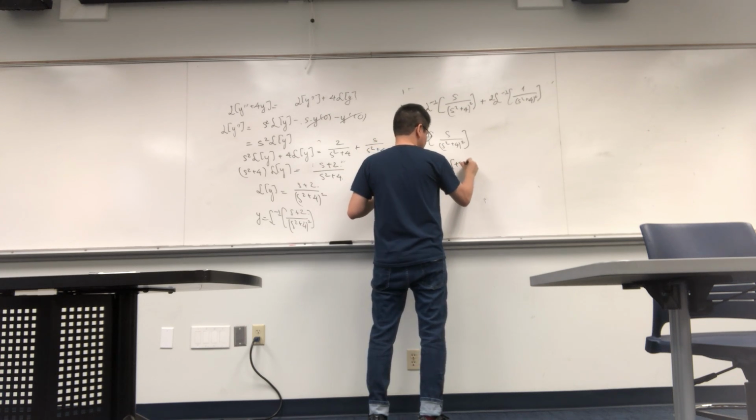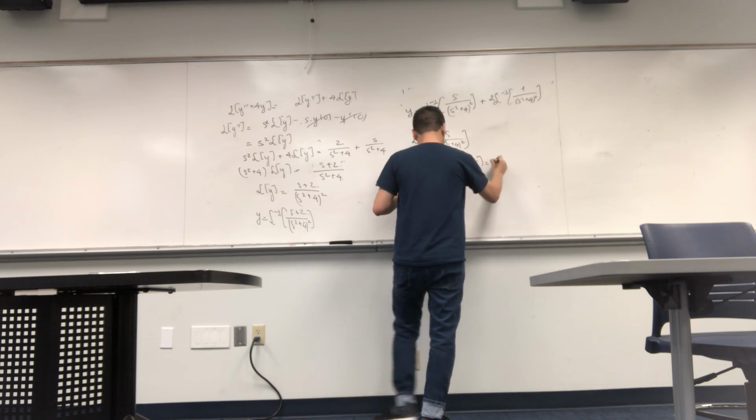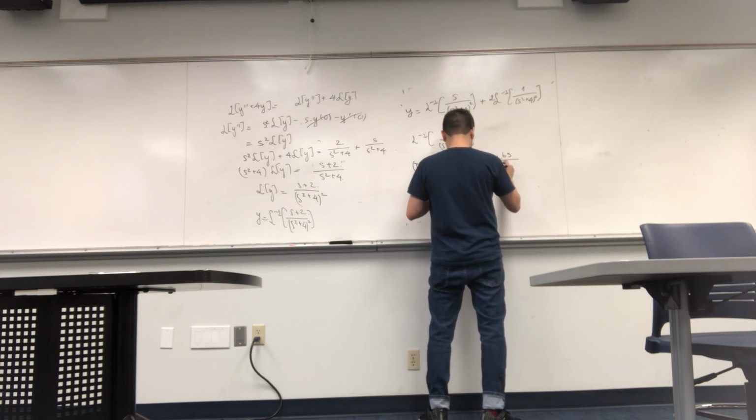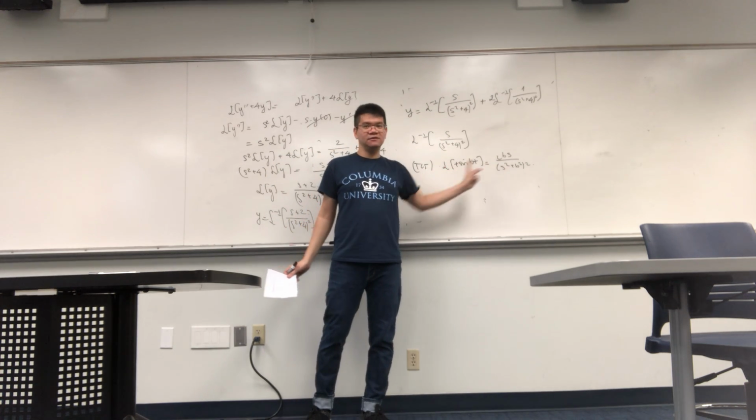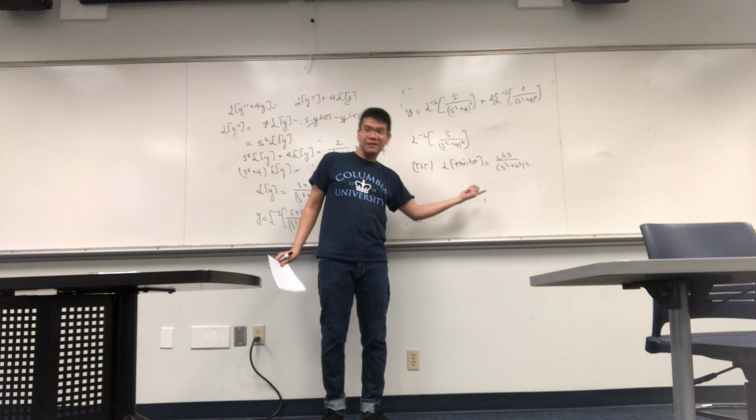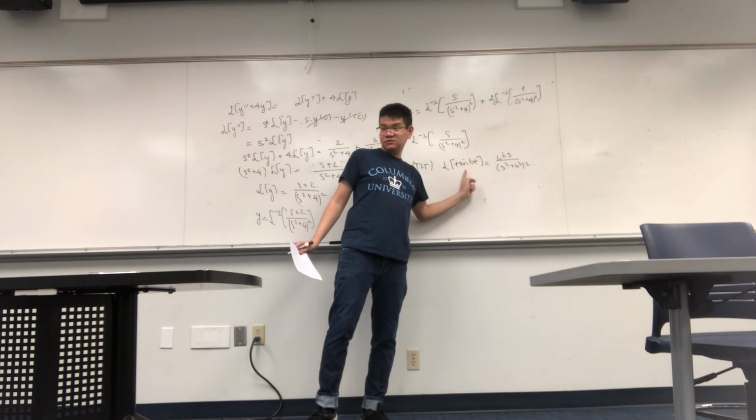Laplace transform of t sin bt is 2bs over s squared plus b squared. In T25 it isn't written in the inverse Laplace transform way, but it means that the inverse Laplace transform of this guy is also the other guy.